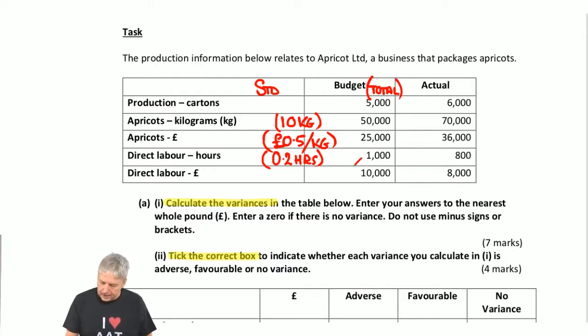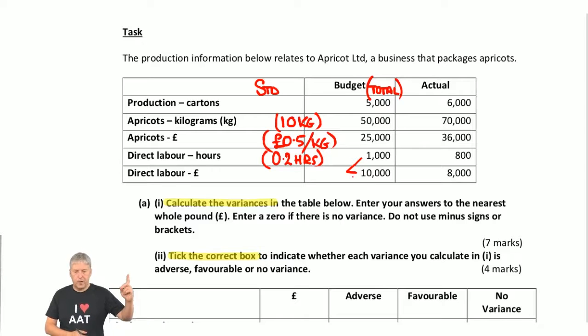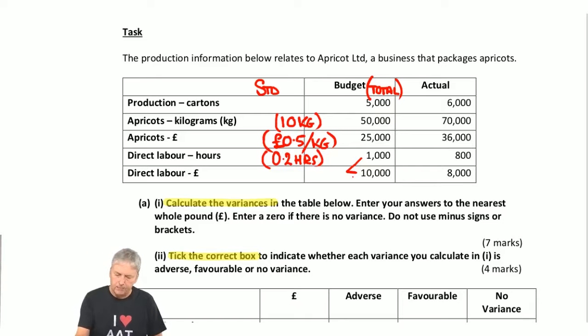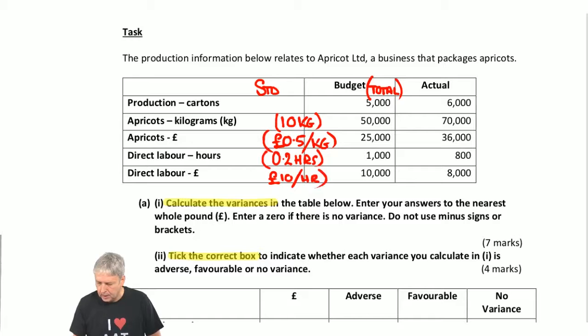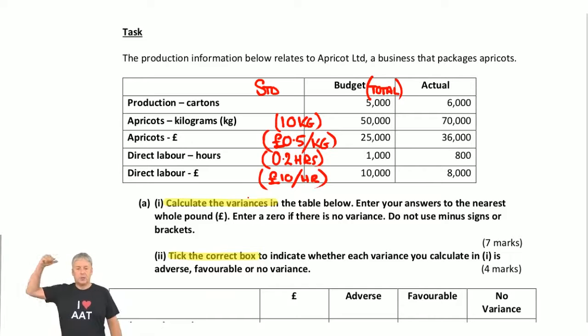And what we can see here is that for 1,000 hours, we are expecting to incur £10,000 worth of cost. So therefore, what we see is that the rate per hour is £10. And there we have the standard usage, the standard price, the standard hours, and the standard rate. All of those basic building blocks that we will need to prepare the variances.